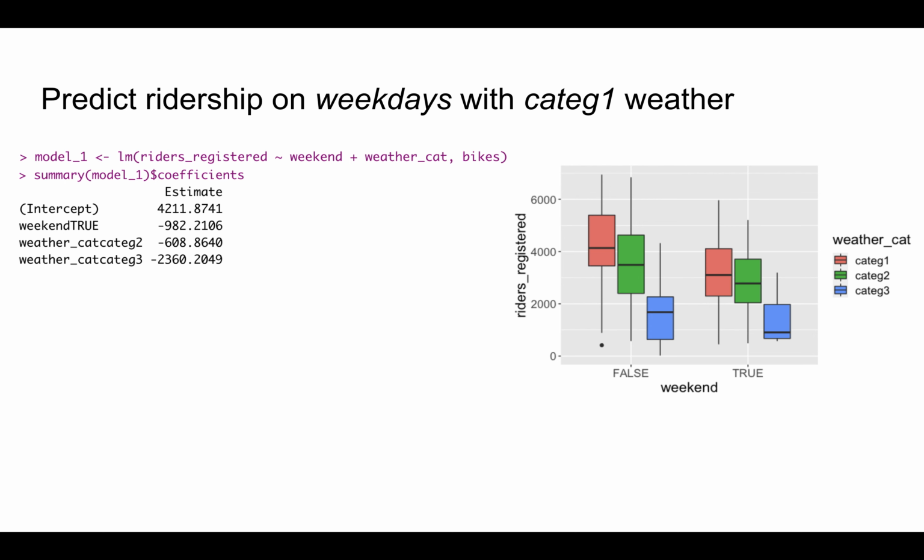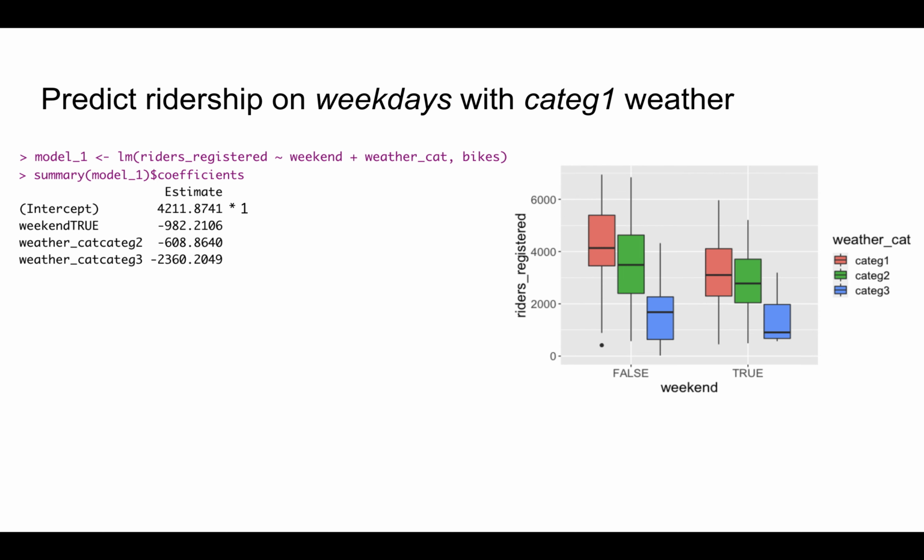One way to build intuition for a model is to use it to make some predictions. To start, let's predict ridership on weekdays with category 1 weather. That is, the reference levels of our 2 predictors. Plugging into our model formula, we start by keeping the intercept. We always keep the intercept because it provides the baseline or foundation of our model upon which everything else builds.